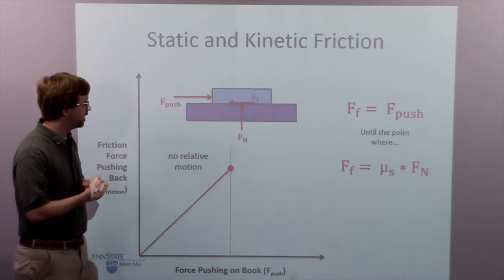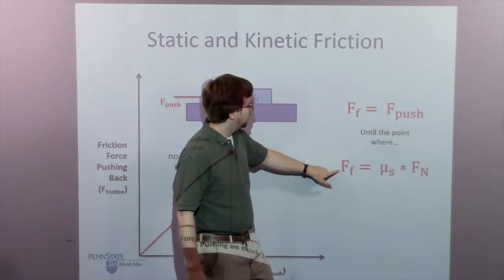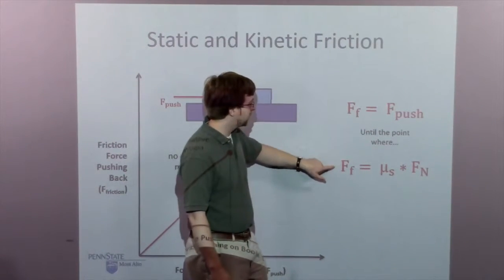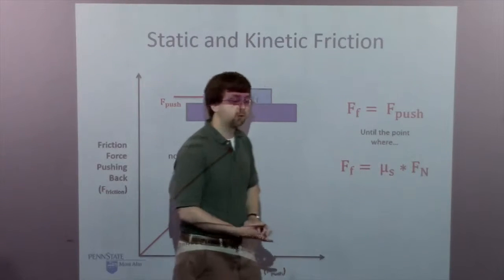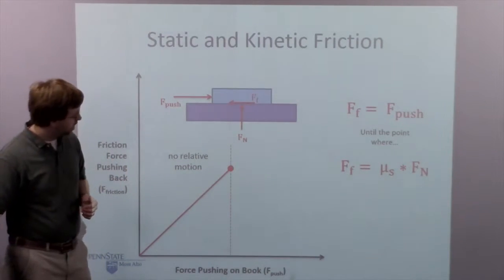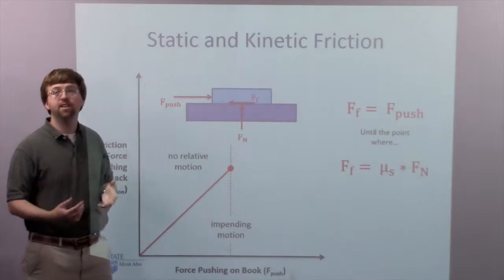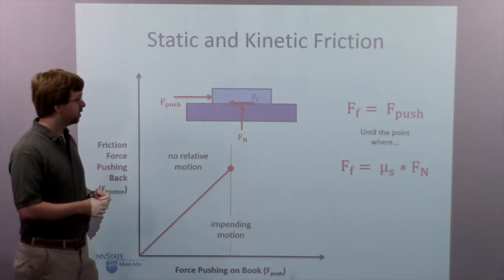Everything is stationary. I go up to this point where the friction force, in addition to being equal to the pushing force, is equal to the static coefficient times the normal force. This is the point where things start to change. This is known as the point of impending motion. Motion is just about to occur, but not quite yet.